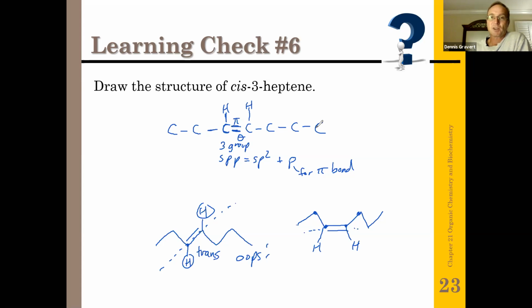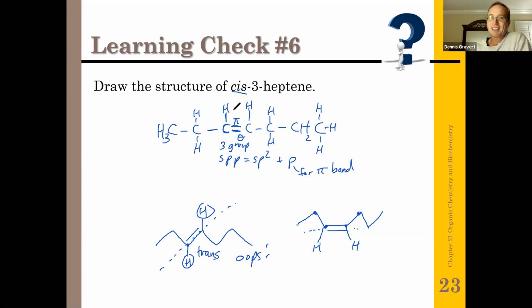This is still a bad structure. If you draw C's, you must draw H's. So go in and make sure carbon makes 4 bonds. Four bonds to this C already. Got the H's on the same side, so it's cis. Good. If you like it this way, or if you like it that way, I'll let you mix and match.